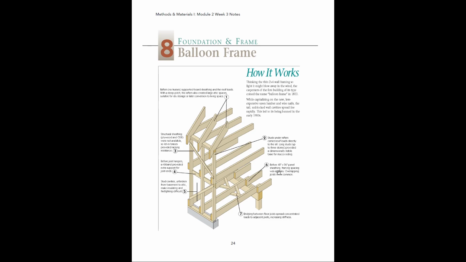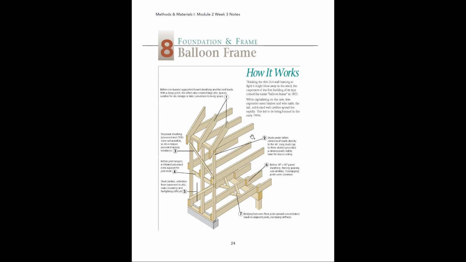But back in the day when this was common, things like dimensions were arbitrary. They kind of just put things where they decided to. There weren't as stringent standards. So you can see here, they would just overlap the joists and stuff like that. There's a lot of weird things about balloon framing that they used to do.